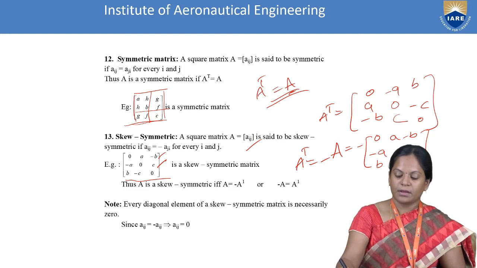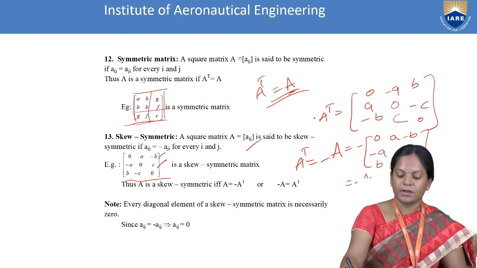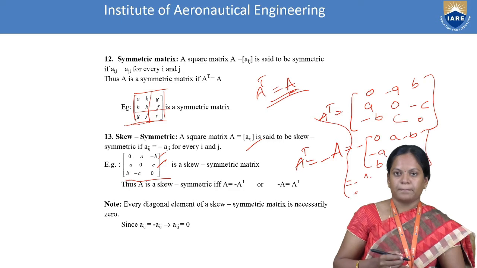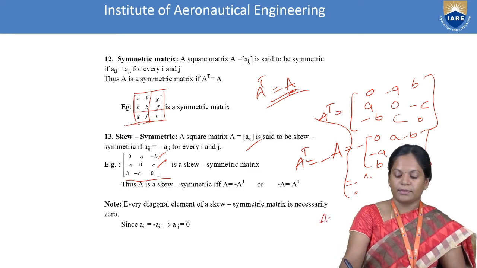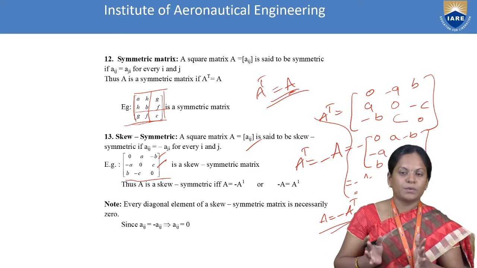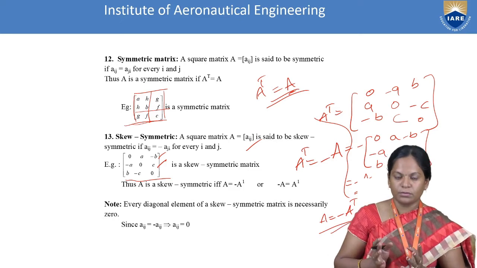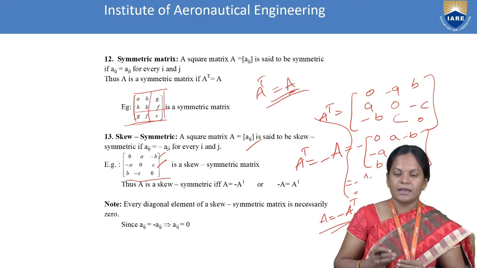Again we'll get matrix A. So A transpose is equal to minus A, then A is said to be a skew symmetric matrix. Or we can write A equal to minus A transpose. Both are the same. If A transpose equals A or A equals minus A transpose, then A is said to be a skew symmetric matrix.